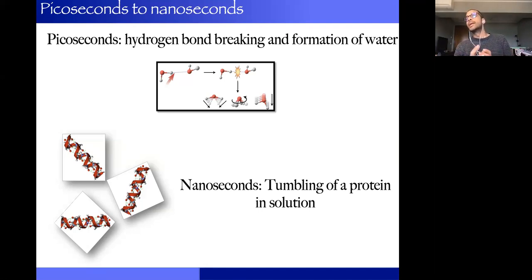Depending on the size of the protein, the tumbling time, how long it takes to rotate in solution, will change. For a small protein, I don't know, 30, 40 amino acids, the typical time scale of tumbling is on the order of nanoseconds.